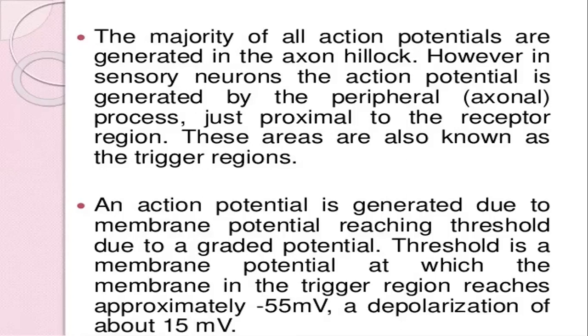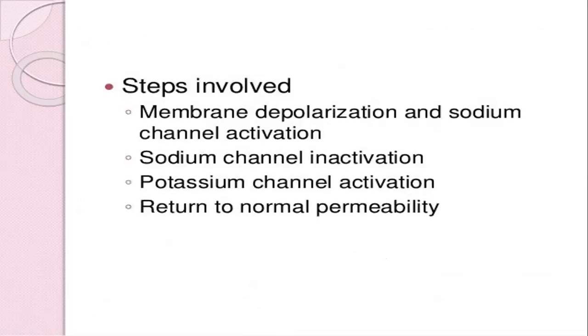An action potential is generated when the membrane potential reaches threshold. This minus 55 is the firing level. Steps involved are membrane depolarization due to opening of sodium channels, then sodium channel inactivation, and potassium channels now are active. So the membrane finally repolarizes and normal permeability returns.